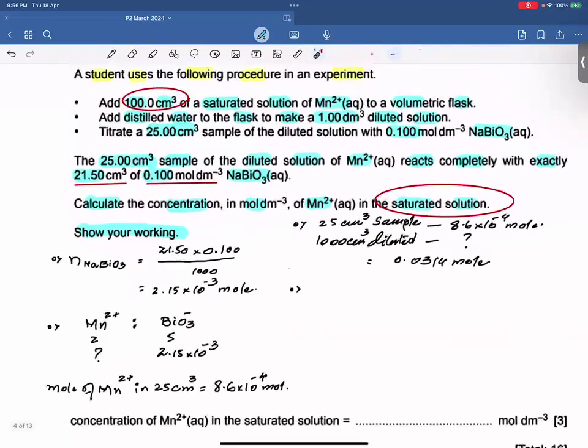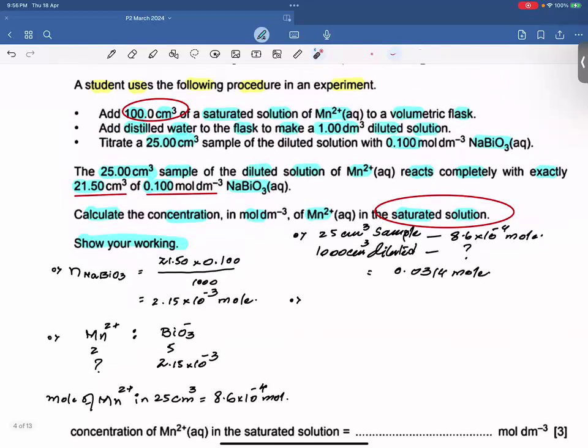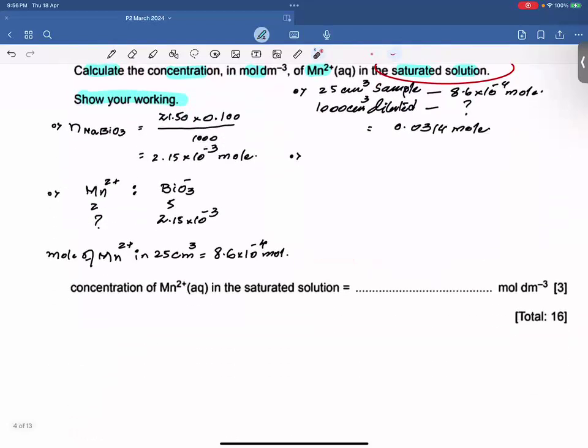Whatever you have calculated in the 1000 cm³ diluted solution, the number of moles will remain the same in 100 cm³. The 1000 cm³ sample contains 0.0314 moles.